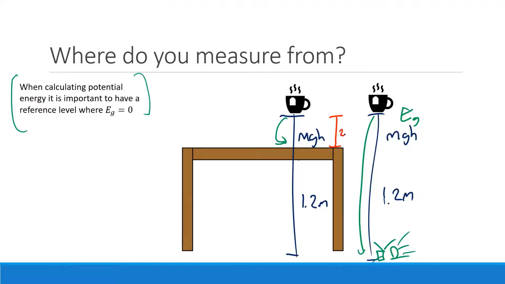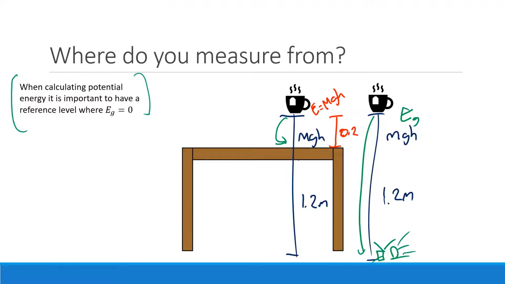Let's say that's 0.2 meters. That's going to give it a different value of energy. So if I drop it and it only falls 20 centimeters, it may not shatter, because ultimately the energy stored up in it is less.